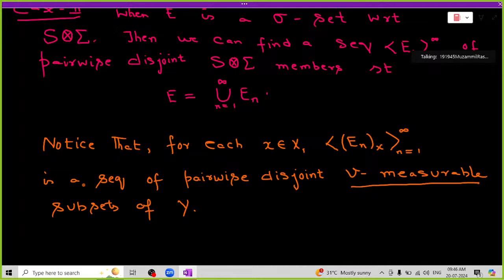X sections are subsets of Y. हाँ फिर ये कैसे न्यू मेजरेबल होंगे?